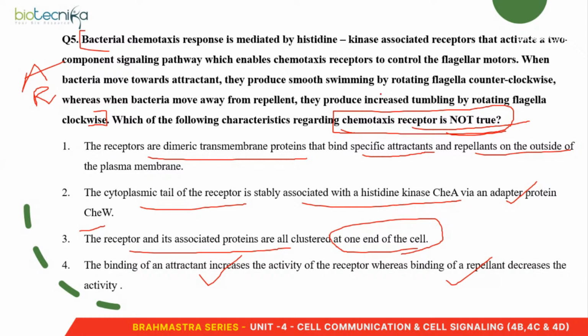Of course, everything is given over here. When an attractant is bound, there is smooth swimming with counterclockwise rotation. When a repellent is bound, there is increased tumbling by rotating clockwise. Sometimes they can also ask you based upon their movement, so be clear with that.